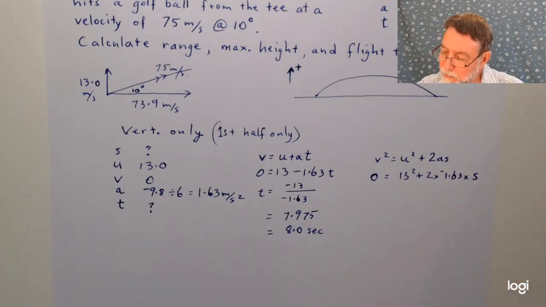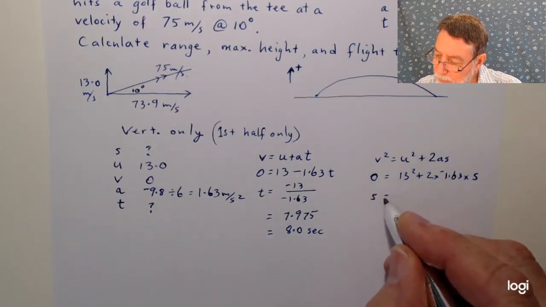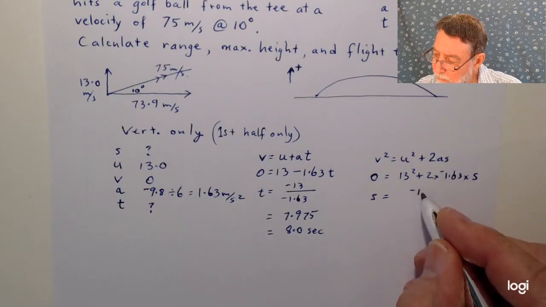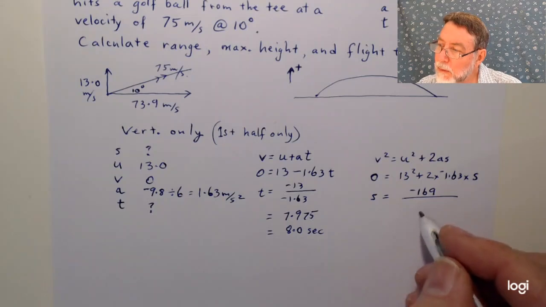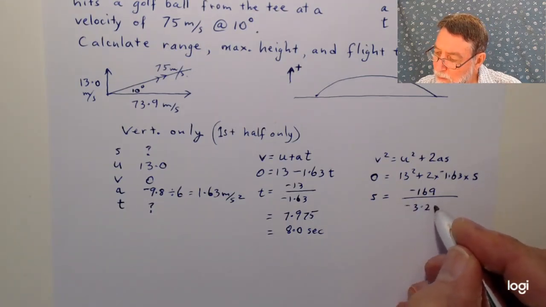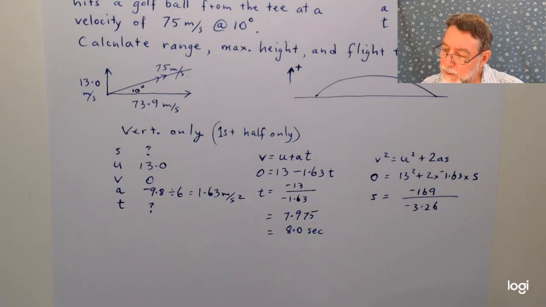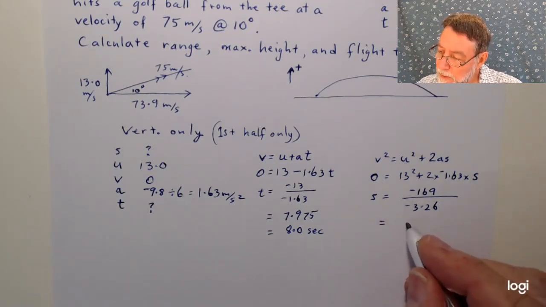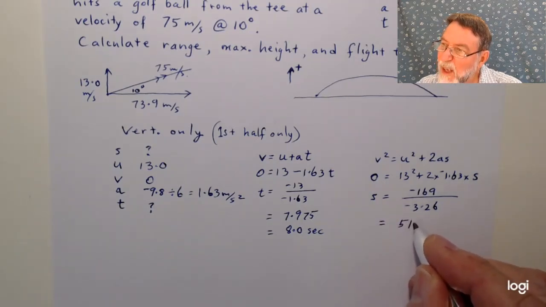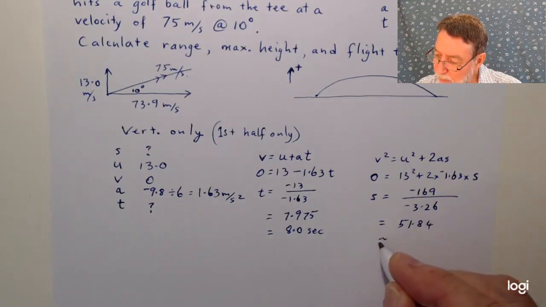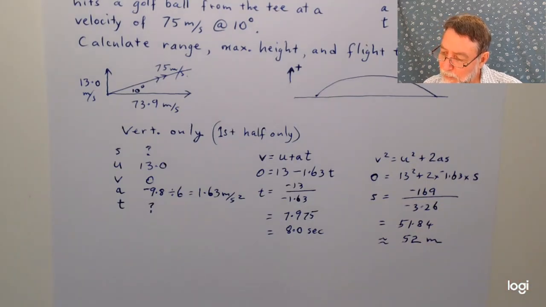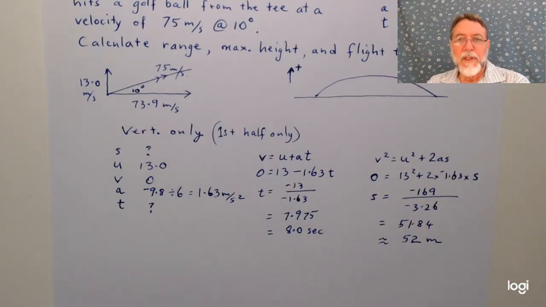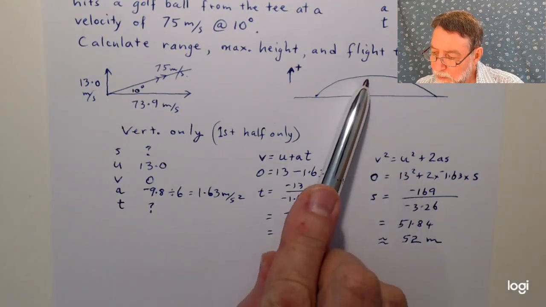So if I crunch the maths on that one, I'll end up with the displacement being negative 13 squared, 169, over negative 3.26, which is 51.84, which is about 52 meters. It's a fair way up in the air, 52 meters when it's at the top.